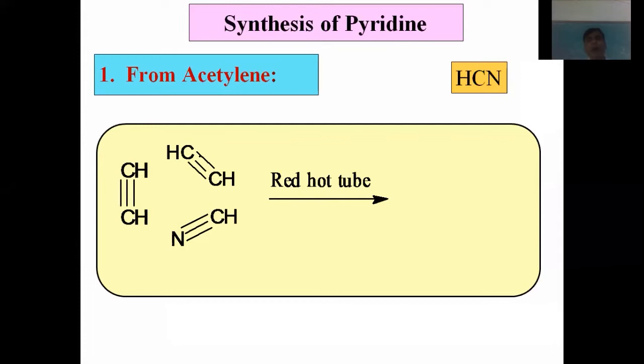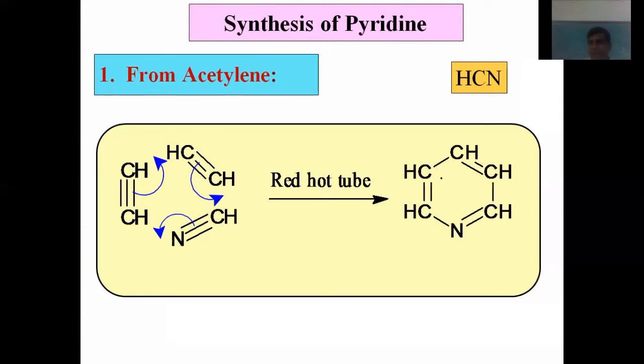Now let us see how the reaction occurs. The molecules undergo cyclization. One pi bond breaks and a new bond between carbon and nitrogen is formed. Simultaneously, another pi bond breaks and a new bond between the two carbons is formed. Simultaneously, one more pi bond breaks and a new bond forms, and thus we get the cyclic compound.